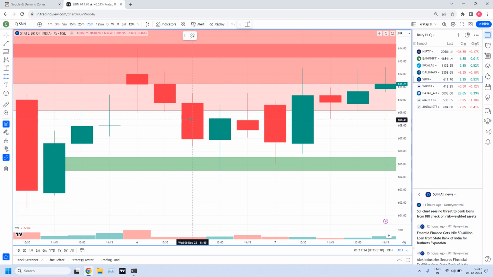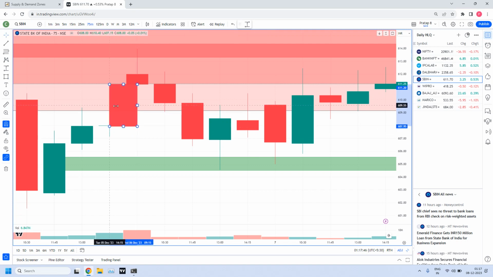Okay, here let me add the body. This TradingView is not very good at drawing rectangles exactly under this, but anyway, just assume. See, now we have added this hidden body. The existing body is already there.